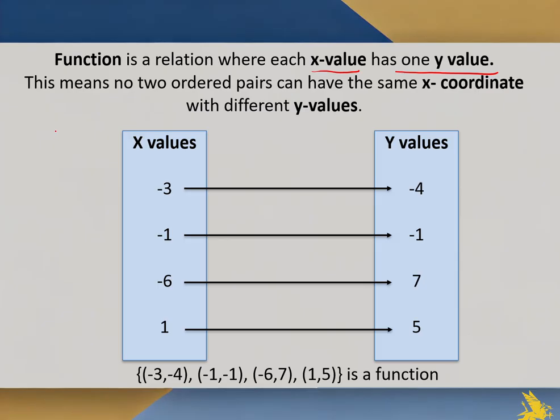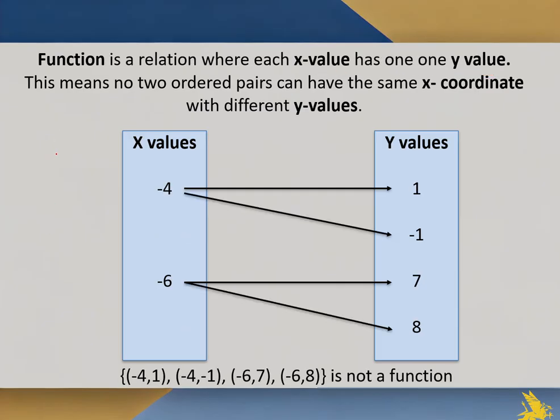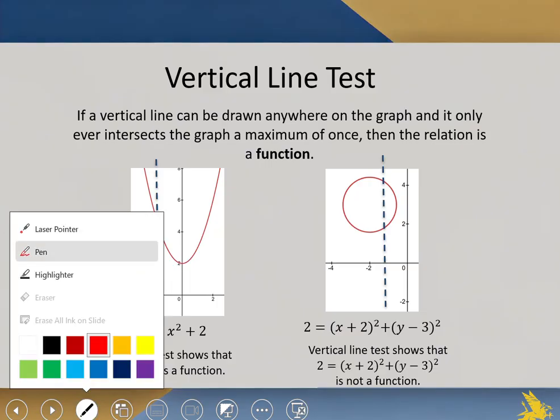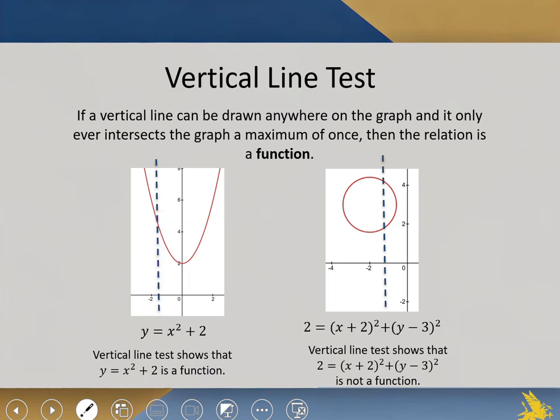One clear graph we can see this on is the circle. If I draw on the side, hopefully you can see this x value is going to have 2 y values, so this wouldn't be a function. That comes into the vertical line test.